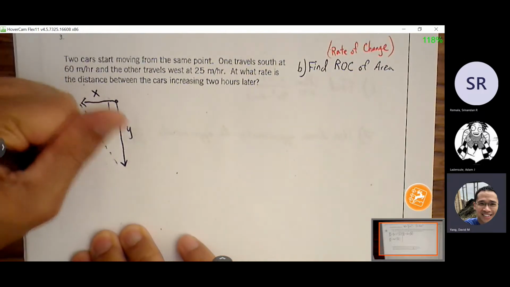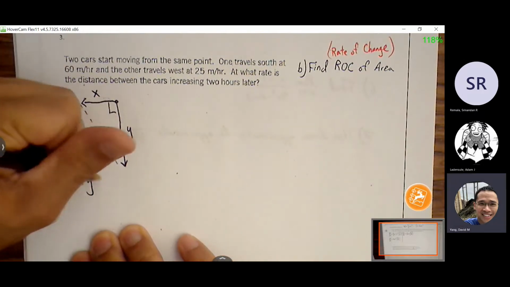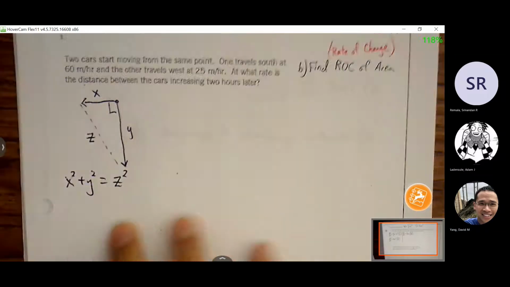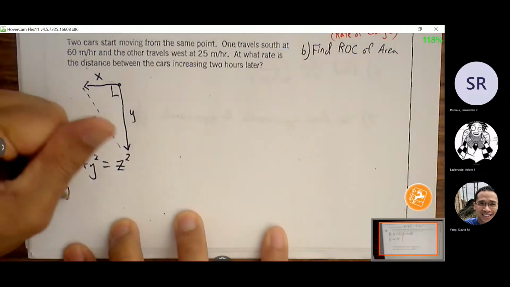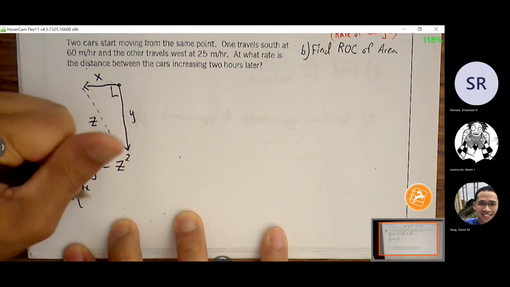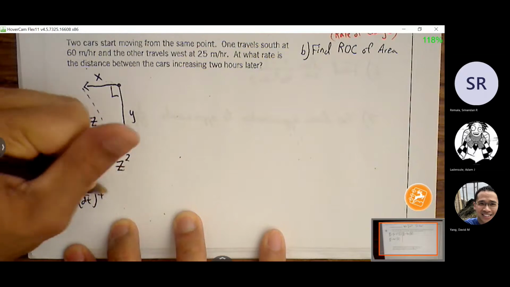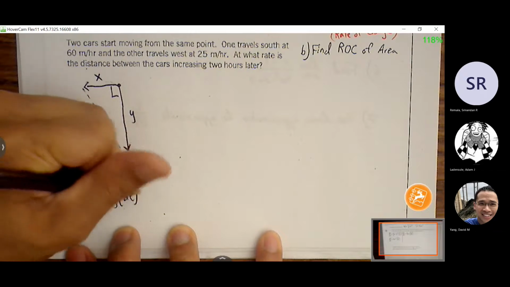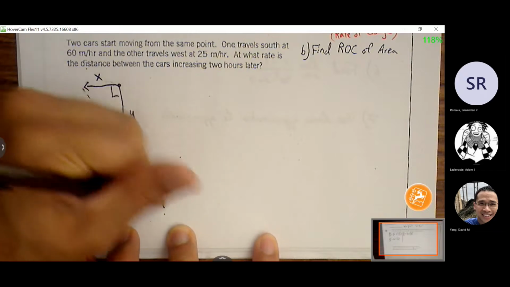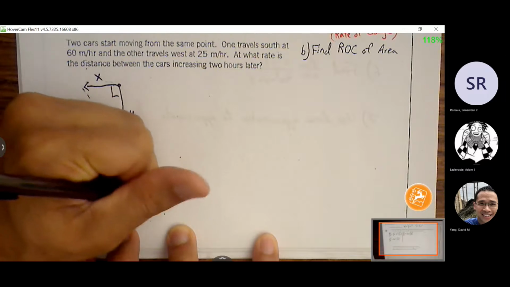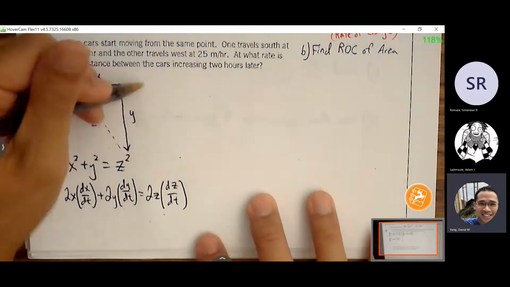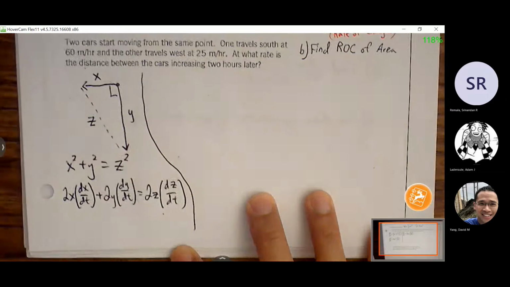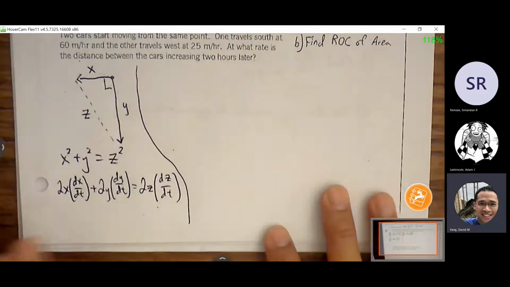Okay, x squared plus y squared equals z squared. Okay, 6 variables to account for.